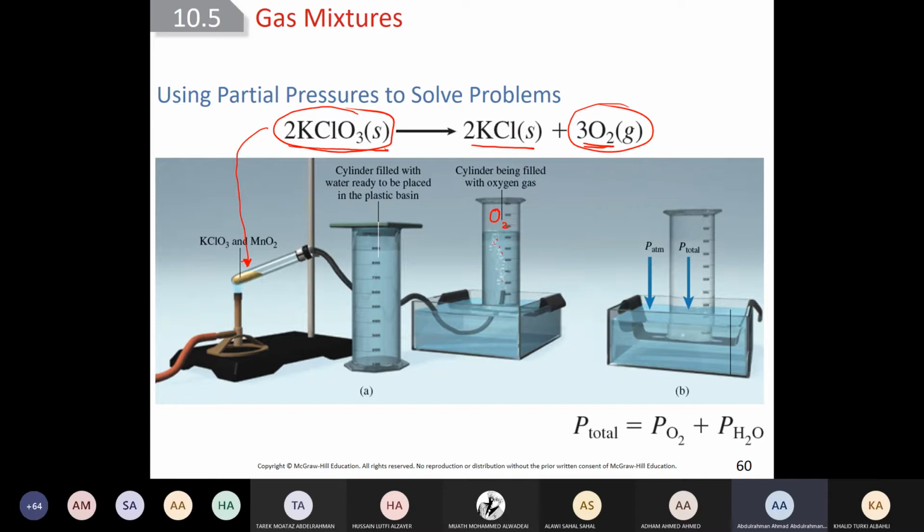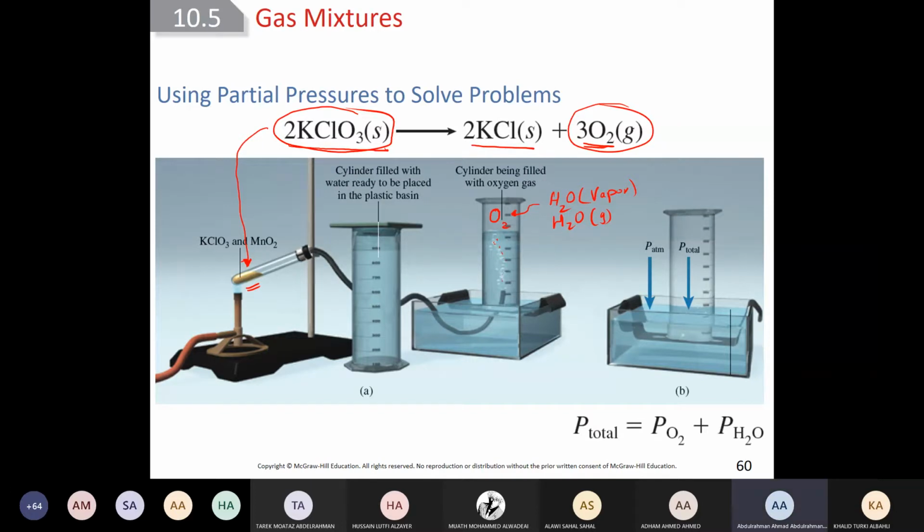Clear? And this way we collect the gas over water. Now, if there is water, there will also be some water vapor, the H2O gas, available with the oxygen. Why? We have the oxygen from the reaction, right?